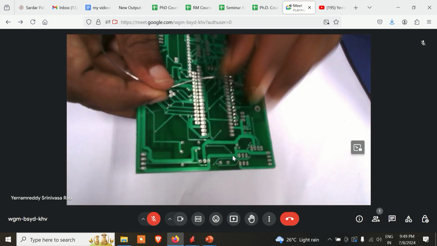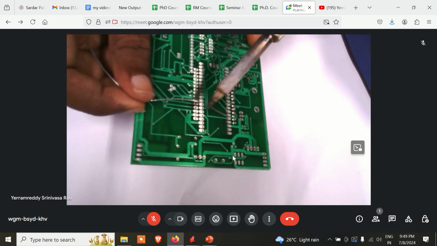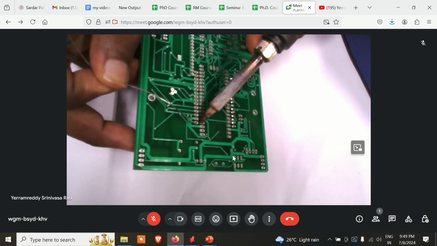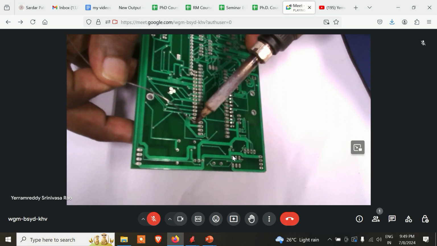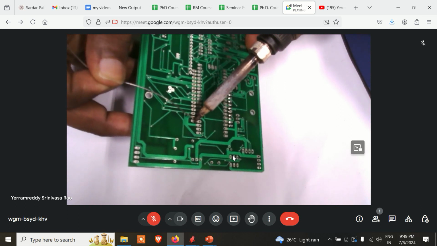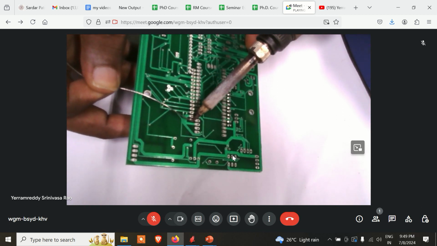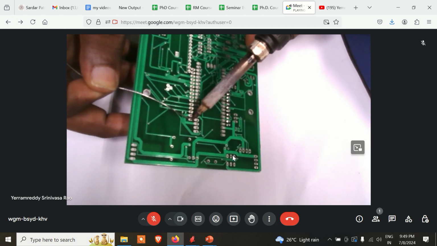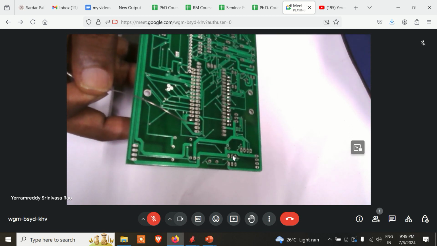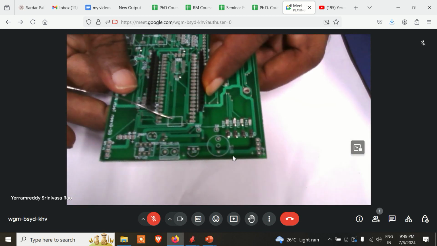First solder only one pad, keep it straight, put your finger on the Burg strip, keep the gun and metal together, solder only one pad and make sure it is straight.